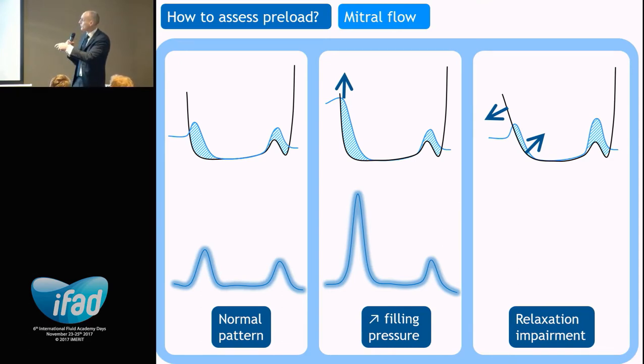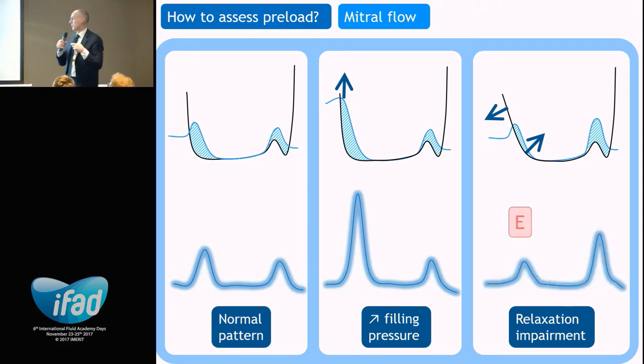It means that the pressure gradient at the beginning is lower, and this creates a lower E over A ratio. And so the problem is that if you have both an increase in the LV diastolic pressure and an impairment of the LV relaxation, you then cannot easily assess the LV preload through the E/A ratio.